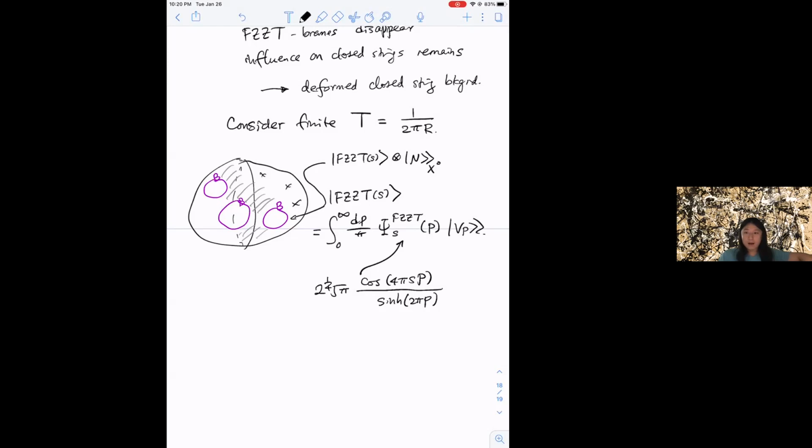But now I have to remember that I have replaced X0 by the Euclidean time, which is periodic. It's a compact boson, and the Neumann boundary condition in the compact boson CFT sources 1D modes.